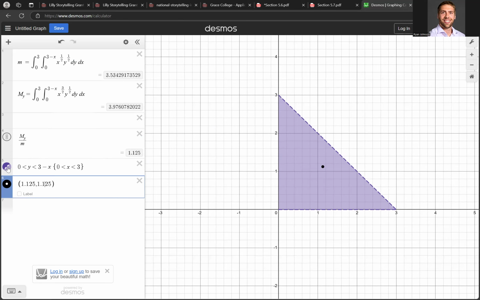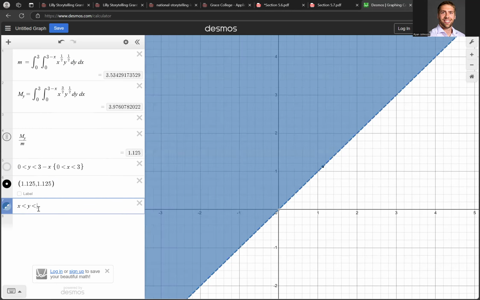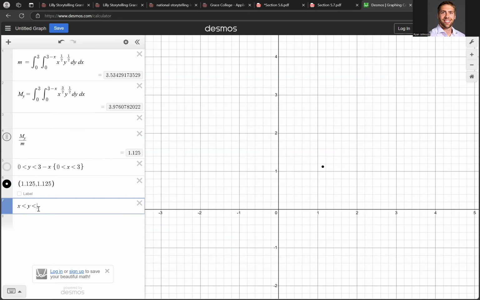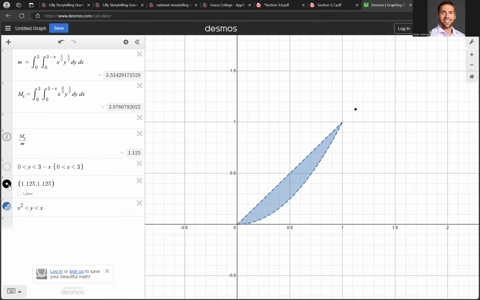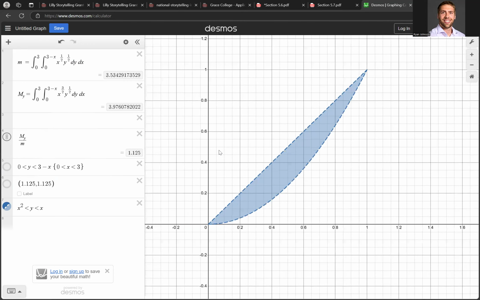let's take away this region and look instead at y's between x less than y less than x squared. Nope, x squared is on the bottom. x squared less than y less than x. And then we don't need to show that point. And so there's our region.